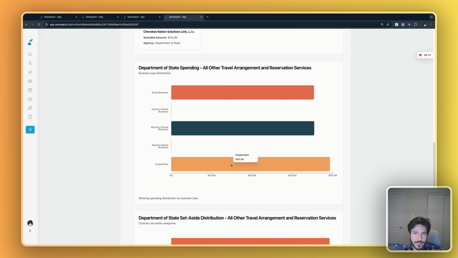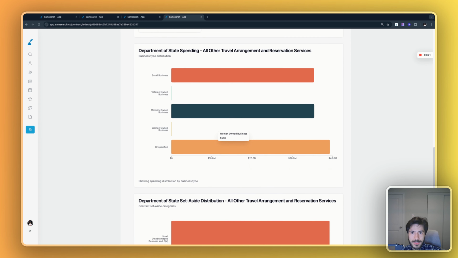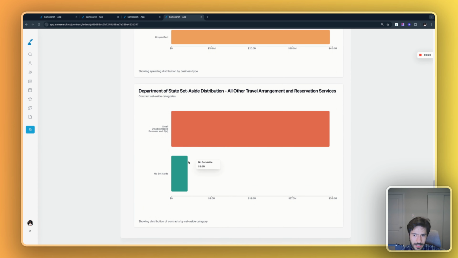So if I'm a small business, I'm in a good position here because I know that the spending of this department aligns with my business. You can see that when it comes to the set aside, most contracts go to small disadvantaged businesses and 8A. So that means I'm in a good position as a small business to bid on this.